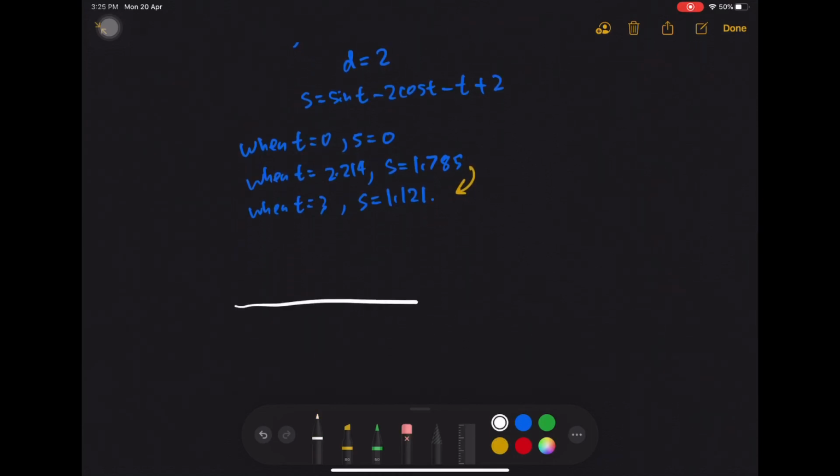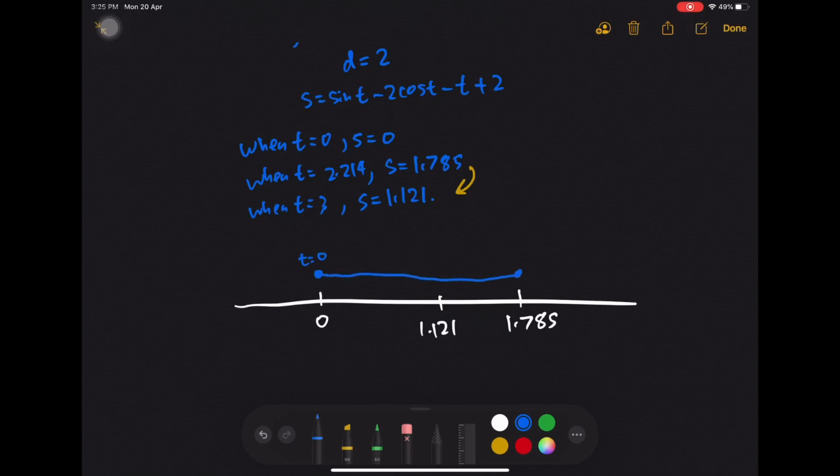Okay, now we're going to draw the distance line. So at time 0, we have 1.785 to be the max, and we have 1.12 in the middle there. So at 0 second, t equal to 0, it travels through here first, and when time is 2.214, it reached 1.785.